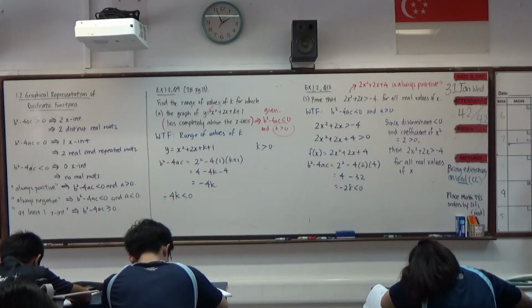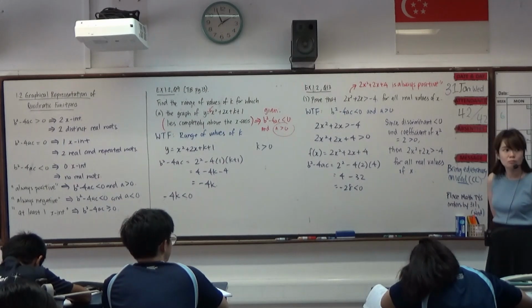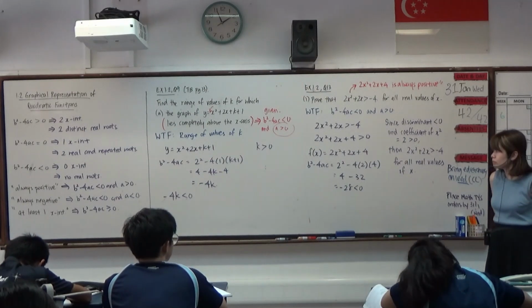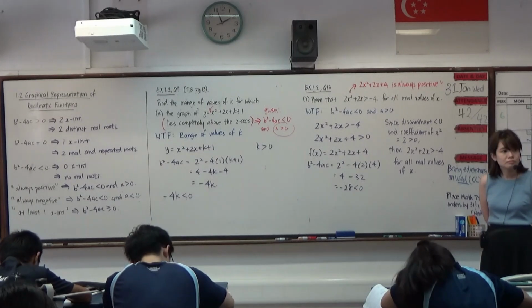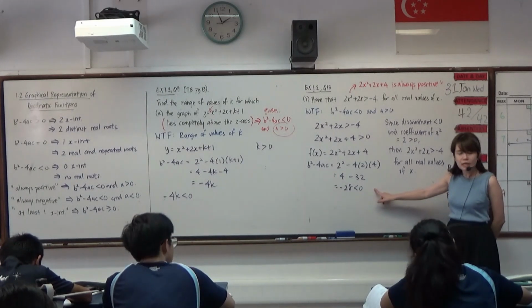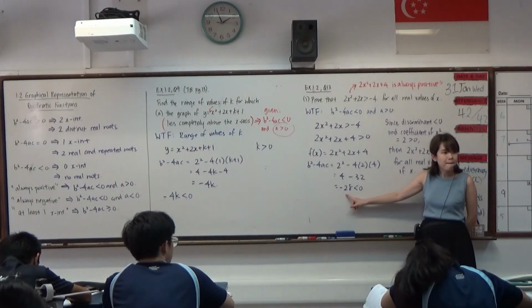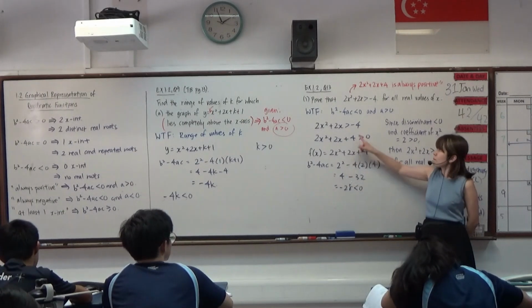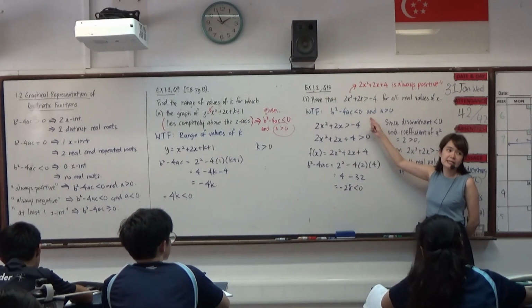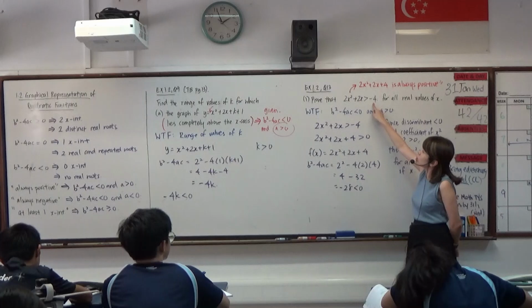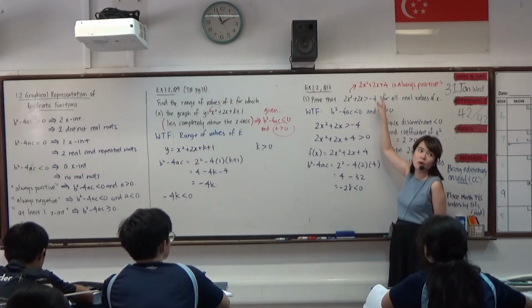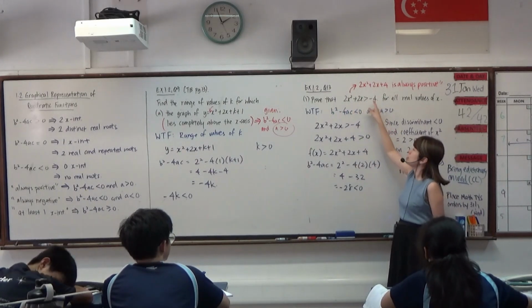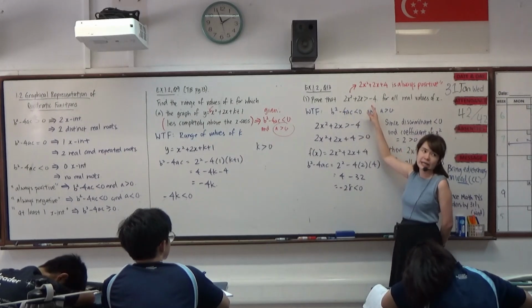I don't understand why 2 squared minus 4 is less than 0. As in, why is it that we want to find this? Because the question says to prove this inequality. But you cannot see it as just proving an inequality.